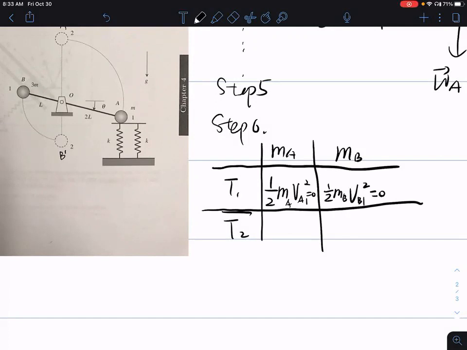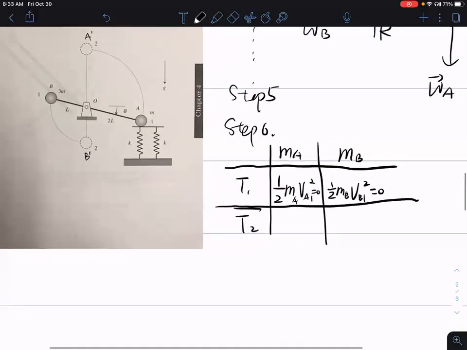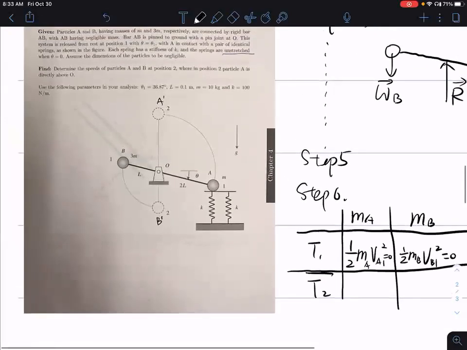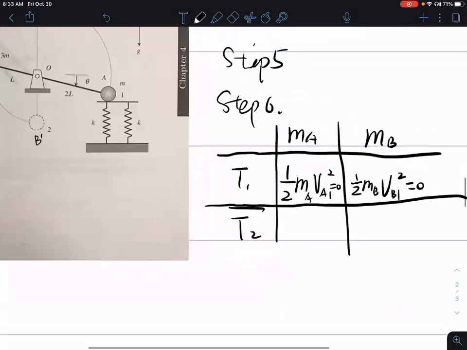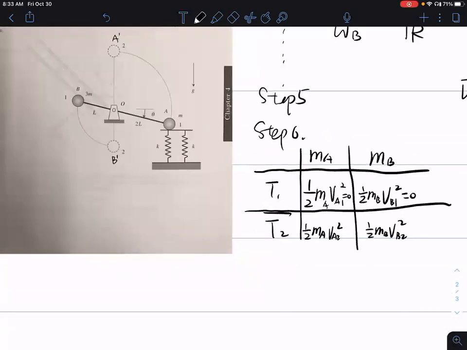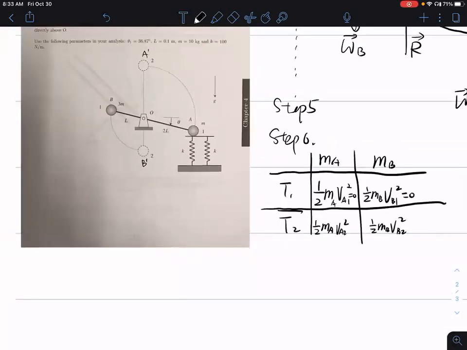Now let's look at kinetic energy at position 2. That's something we're trying to solve. We're trying to determine the speeds of particles A and B at position 2. So this is 1/2 MA VA2 squared, 1/2 MB VB2 squared. That's all the kinetic energy you should have on the table.